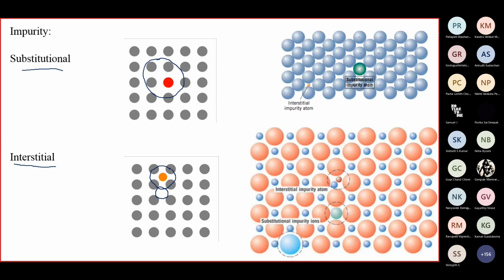Huh? Who are all involved in forming the conduction band? Come on. Elements which have high electrons.